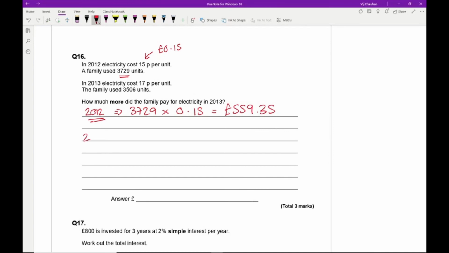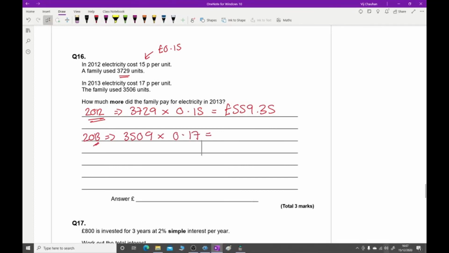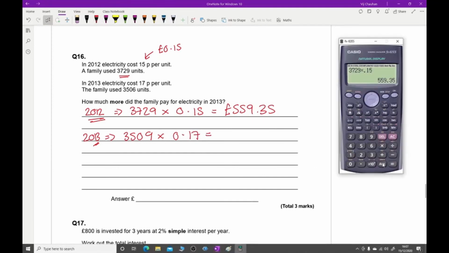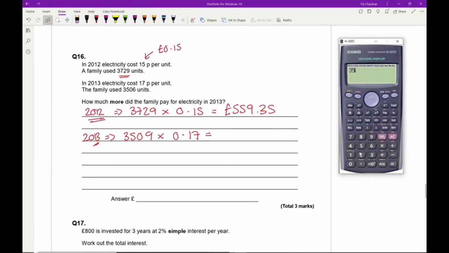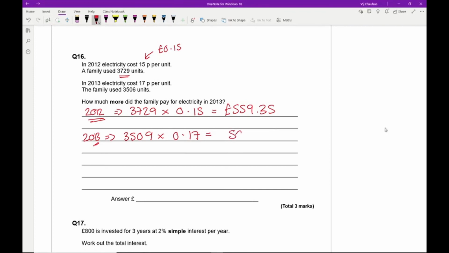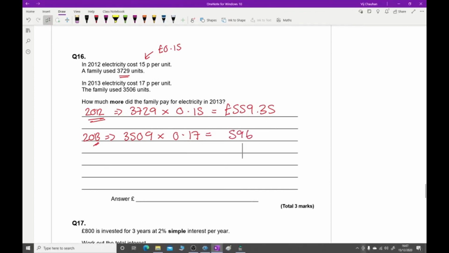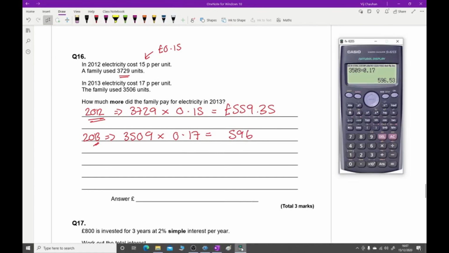I then need to work out what the price was in 2013. So again, I'm going to do the number of units, which is 3,509 times 0.17. Again, get the calculator out again. So I've got 3,509 times 0.17, and it gives me an answer of 596.53, I think it was. Yeah.